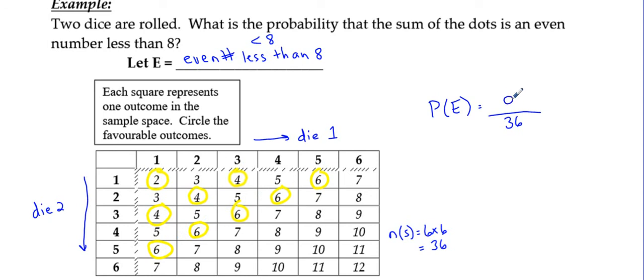So that's 9 out of 36. And in lowest terms, 1/4. So therefore, the probability is 1/4.